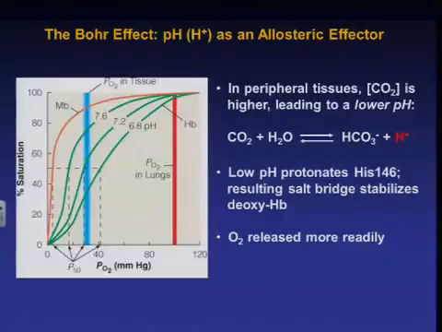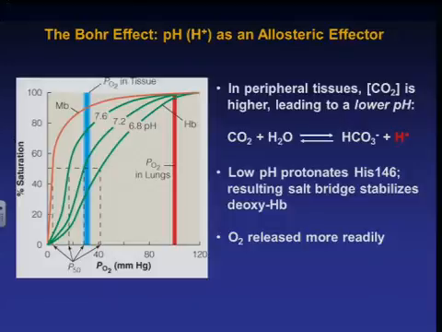So what's happening to the P50 as you go to lower pH? As we go from pH 7.6 to 6.8, what's happening to the P50? If the P50 goes up, that means we need a higher concentration of oxygen to have 50% saturation.